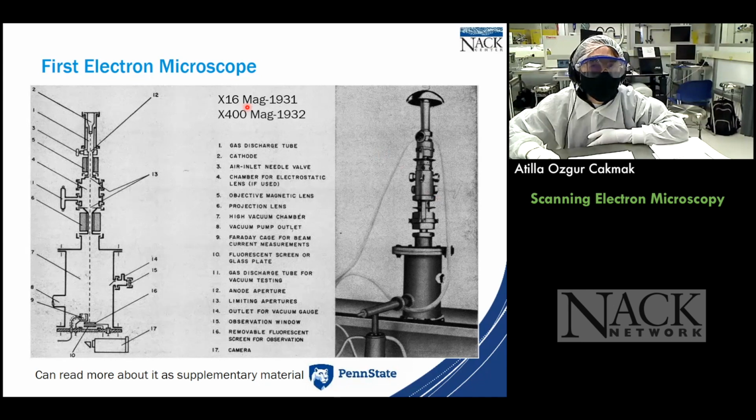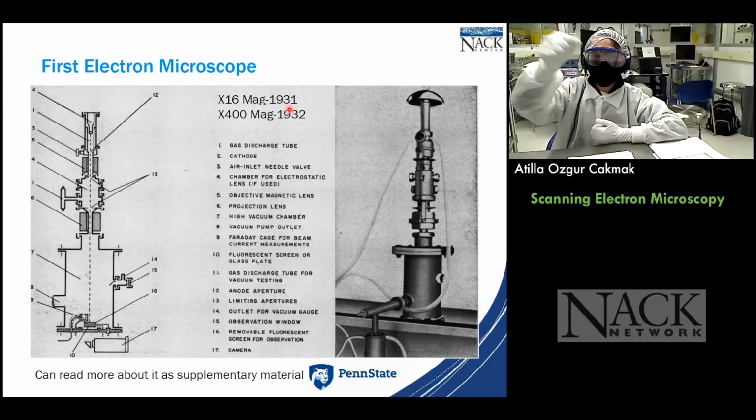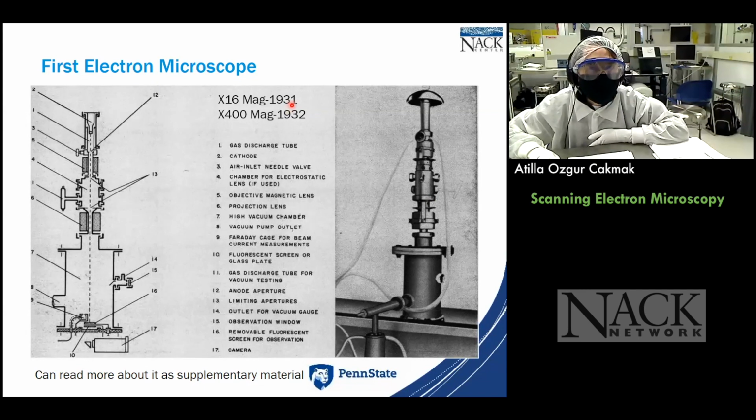They built the first electron microscope in 1931. Don't think that it was super functional or super fancy. The magnification was only times 16. I hope that was also remarkable for you. It's only times 16, a little bit better than a magnifying glass. And they were quickly advancing that to times 400 in 1932.